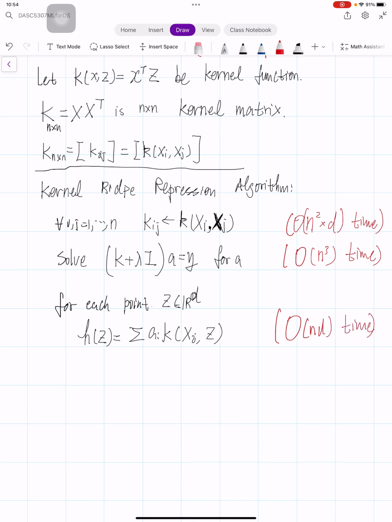The punchline here is the kernel ridge regression algorithm gives the same solution as the original ridge regression.